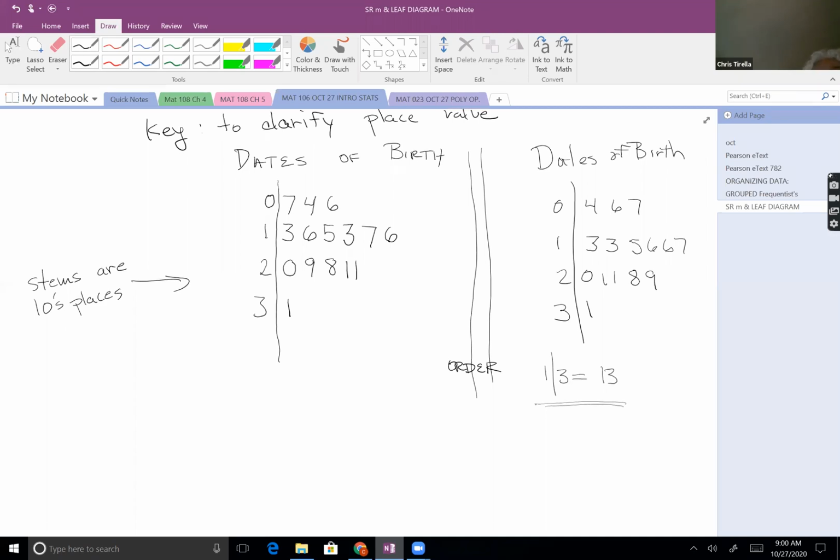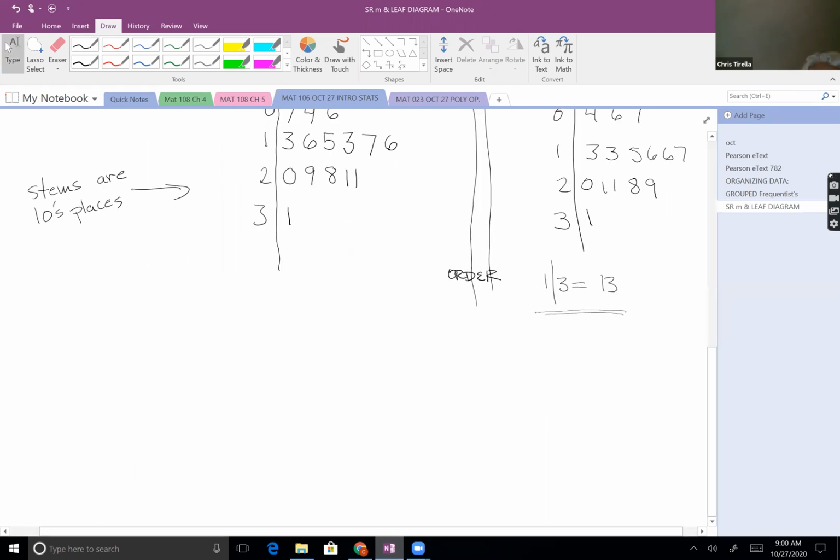Sometimes when we look at a stem and leaf diagram, we see what's called a split stem and leaf diagram. We do that if we have a large number of values.